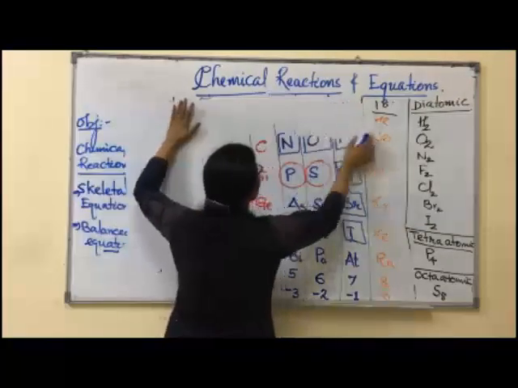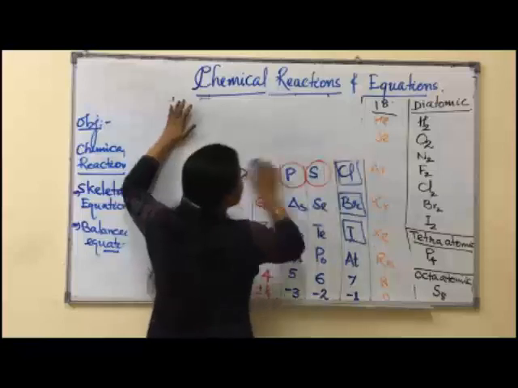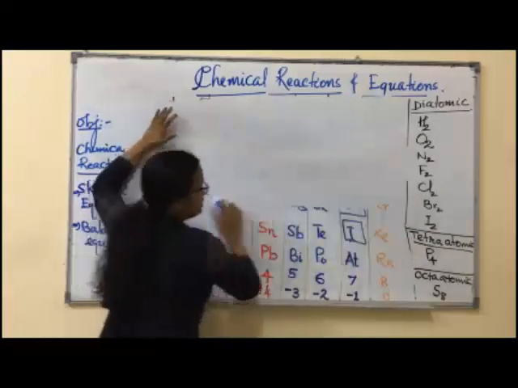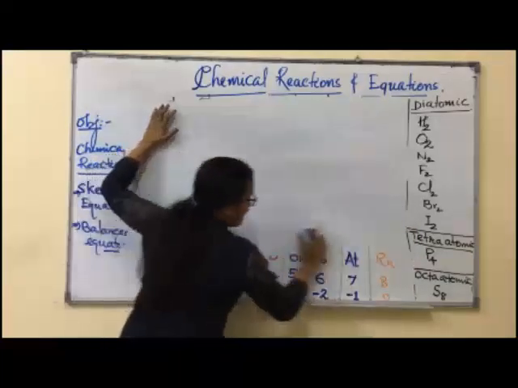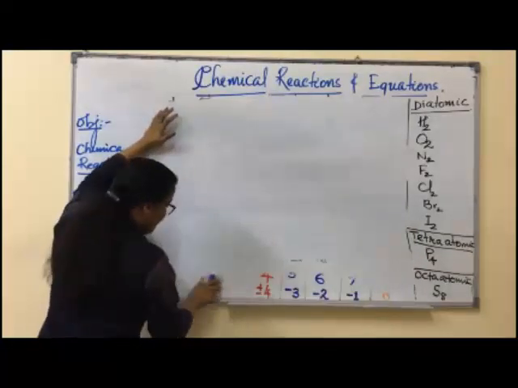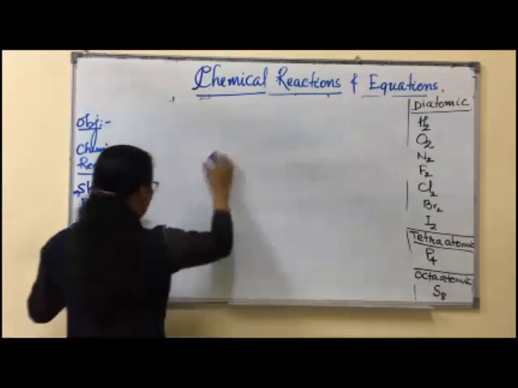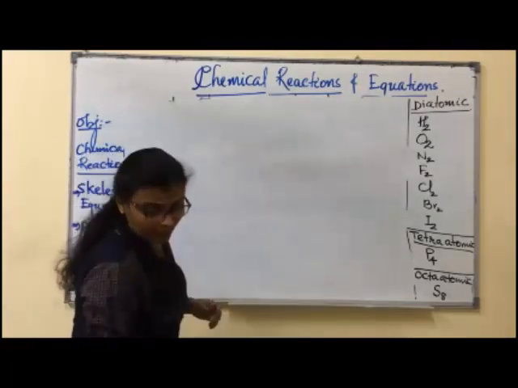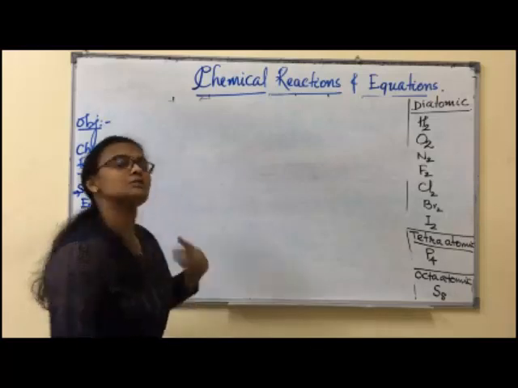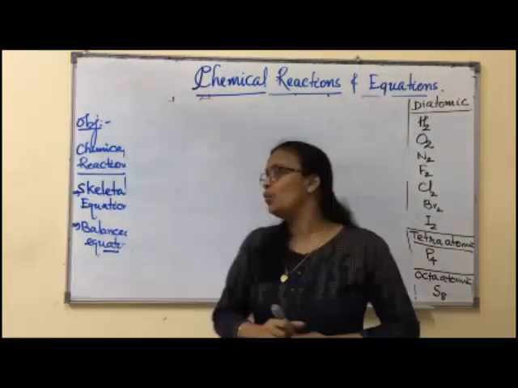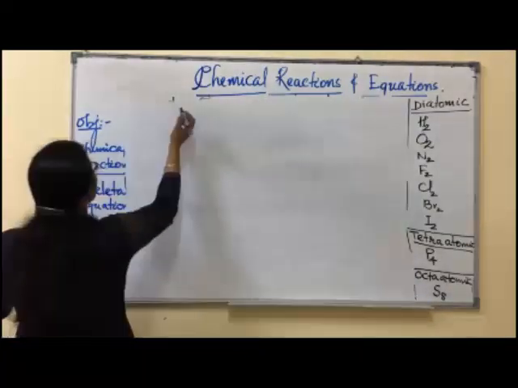They are groups of elements that together possess a single valency. They are collectively known as radicals or polyatomic ions. Polyatomic means many atoms together possessing a single valency. That we should also remember.